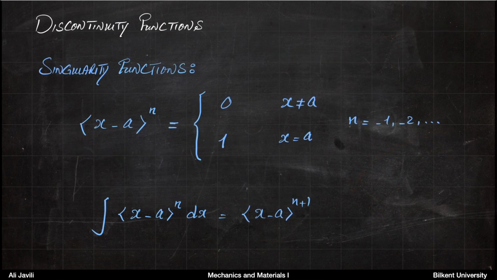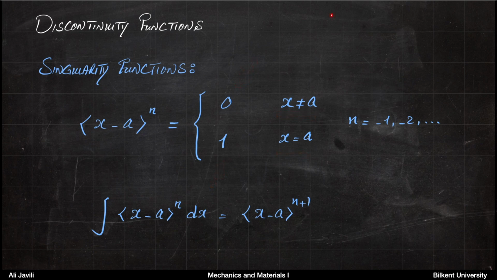Now, if n is smaller than 0, the power, so it's for instance minus 1, minus 2, and so on, we come to an extension of Macaulay functions that we usually refer to as singularity functions. Now, these singularity functions render 0 for any point that x and a are not equal, and they render 1 if x and a are equal.